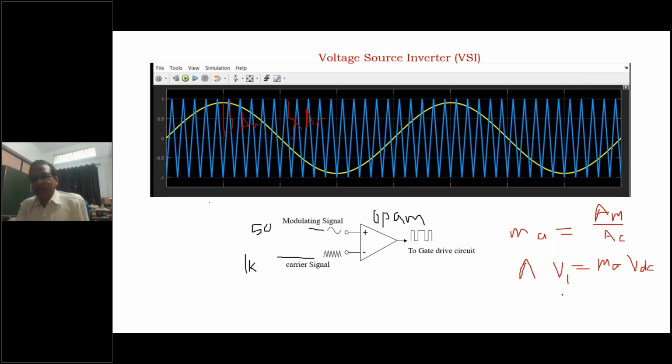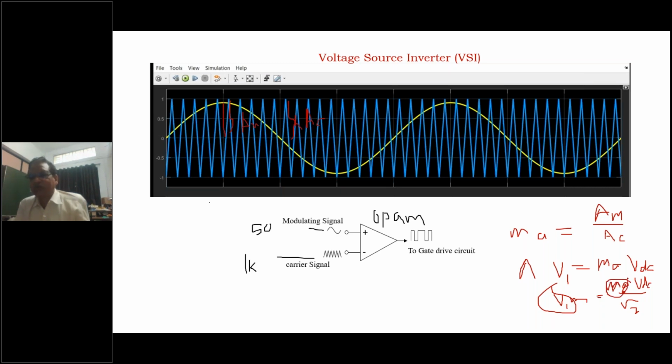And V1 RMS will be equal to MA multiplied by VDC divided by root 2. Now we know the relation for the output voltage RMS value, V1 RMS. It depends on the VDC voltage, and one more thing, the modulating index MA.